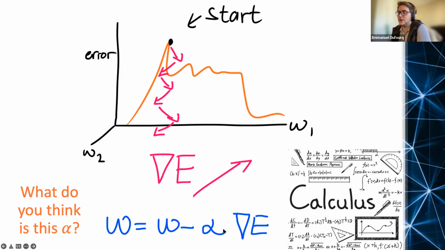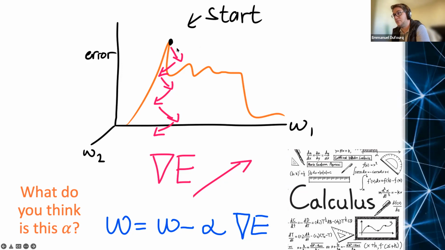What does the learning rate do? The learning rate controls how big of a jump we make when we use the partial derivative of the error to compute the new weight. If we have a very large learning rate, then we're going to do a very big jump. So let's say we started off here and we have a very large learning rate. We could take a jump and end up somewhere here instead.